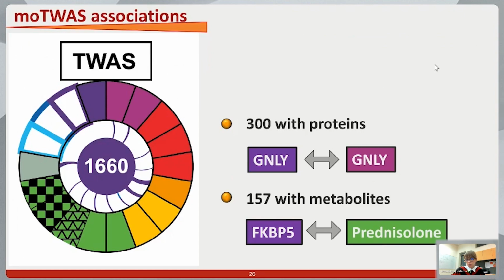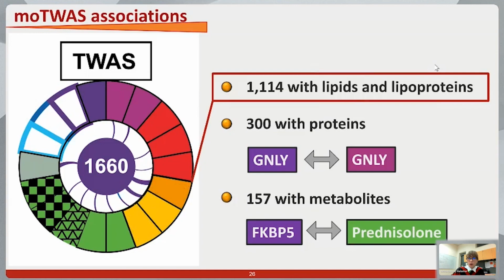It was shown before in the literature that prednisol is causing an elevation in the FKBP5 level. So many of those associations were also ones previously described in the literature by other approaches, not the TWAS.